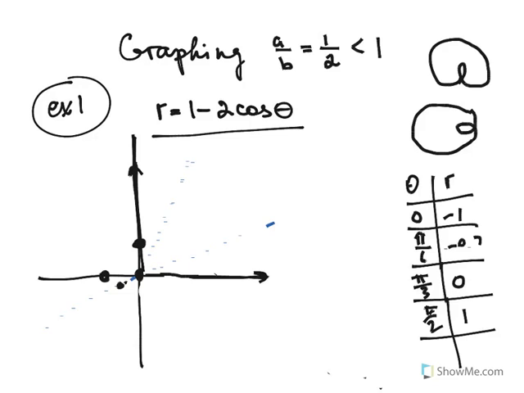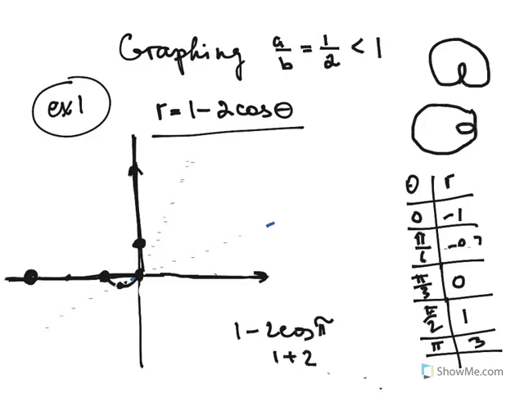How about pi? 1 minus 2 cosine of pi. Cosine of pi is negative 1, so you get 1 plus 2, which is 3. So pi, 180 degrees, here you are on the left side, but the radius equals 3. So that was 1, so it's 1, 2, 3. And that's where you are. So you can tell that the inner loop is going to be somewhere here.